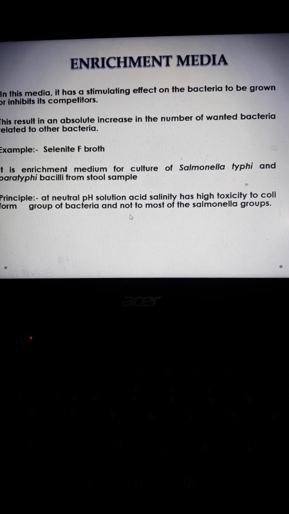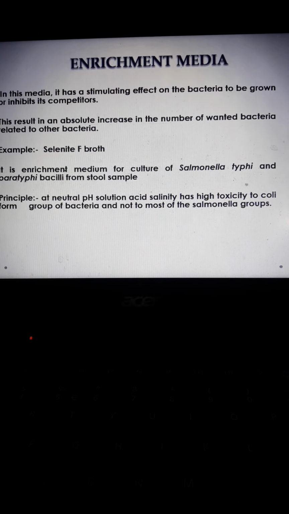Okay? So ano yung enrichment media? In this media, it has a stimulating effect on bacteria to be grown or inhibits its competitor or other bacteria. This results in an absolute increase in number of wanted bacteria relative to other bacteria. Example, ang gusto mo lang isolate is Salmonella typhi.